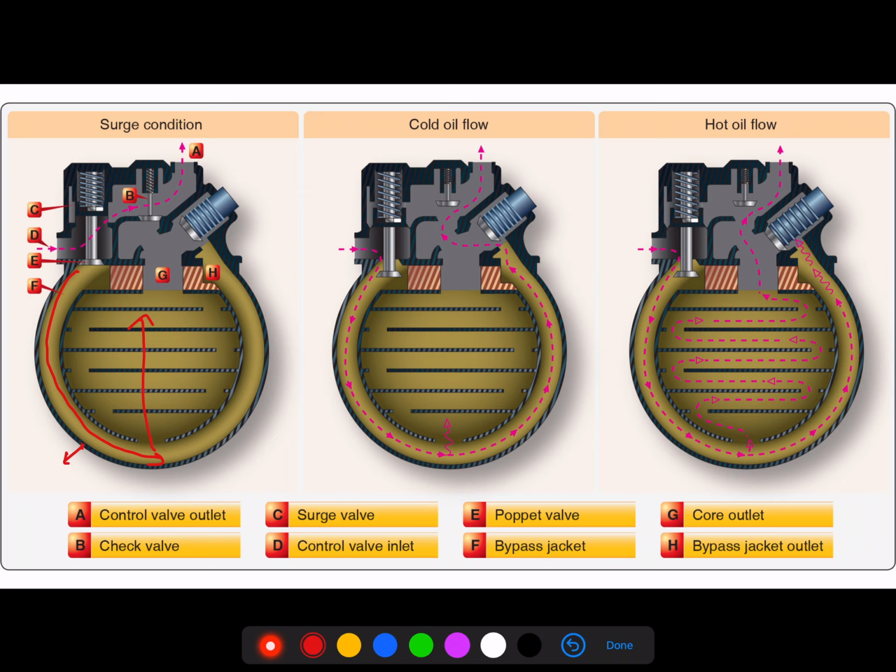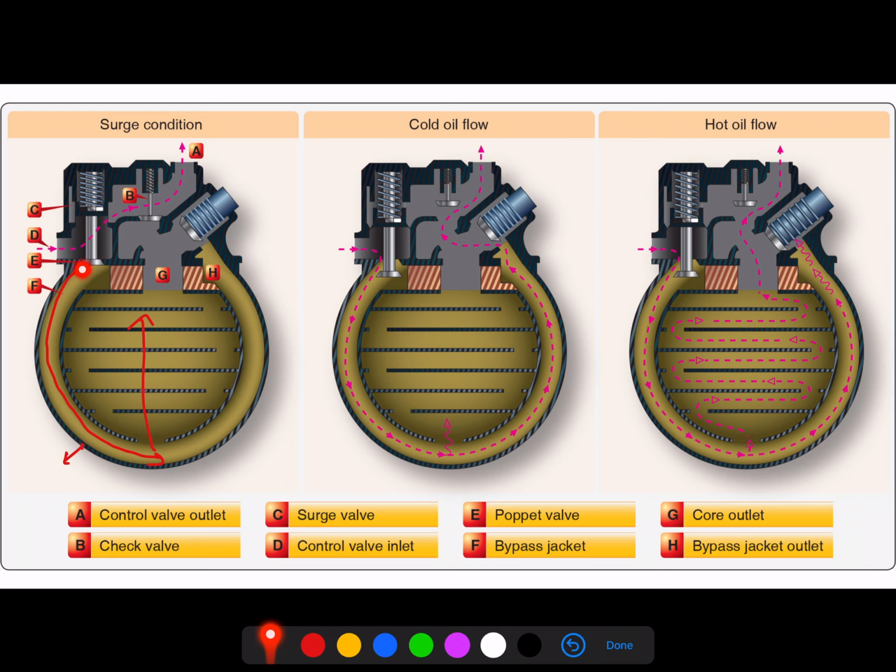So for that reason, we have a surge valve which has been installed in this control unit. The way this works is fairly simple. We have a calibrated spring, just like we would see with a pressure relief valve or with a bypass valve. And when the oil is very, very cold and thick, we produce enough pressure coming off of our scavenge pump that it forces this plunger up against the spring pressure.